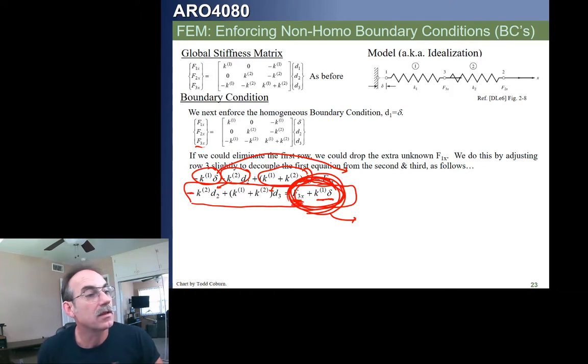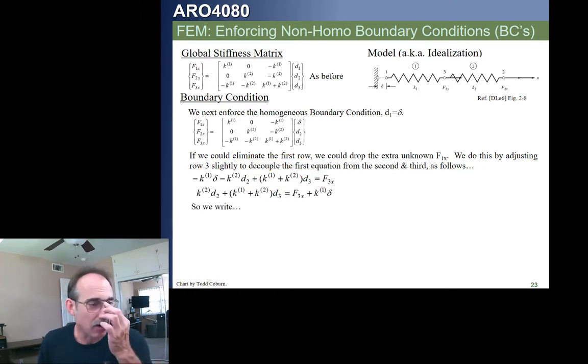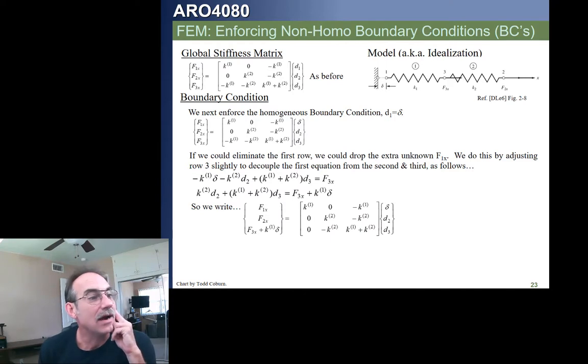So that means we can write our equation like this. We now have f1x is unchanged, f2x is unchanged, and f3 now is written this way. You'll notice now that the third equation is decoupled. Both these equations are decoupled, so neither one uses this term.